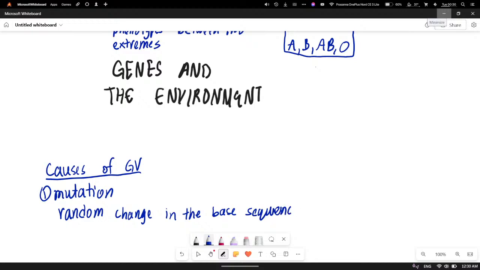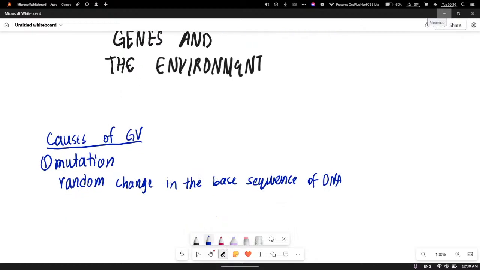Gene mutation is described as random change in the base sequence of DNA exactly. New alleles are formed after mutation. The forming of new alleles is what causes genetic variation to take place.